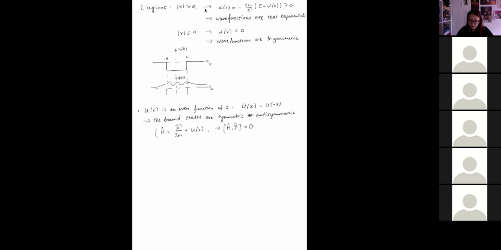And from this, we can conclude that if this Hamiltonian and the parity operator share the set of eigenfunctions, then the eigenfunctions of this Hamiltonian are either symmetric or antisymmetric, and hence we can divide our search for the eigenfunctions of this Hamiltonian, which we'll be doing now, into the search for the even solutions and the odd solutions.